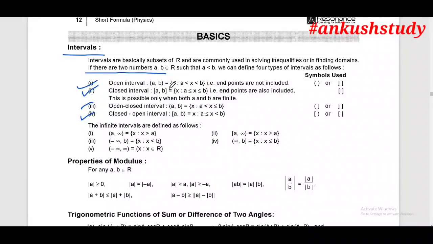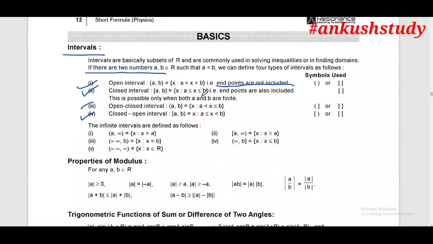The open interval (a, b) is equal to {x : a < x < b}, that is, endpoints are not included. The closed interval [a, b] is equal to {x : a ≤ x ≤ b}, with the inequality signs being smaller than or equal to.